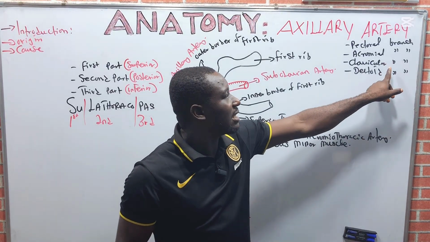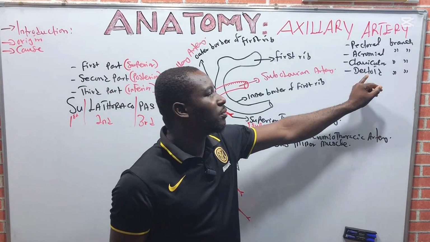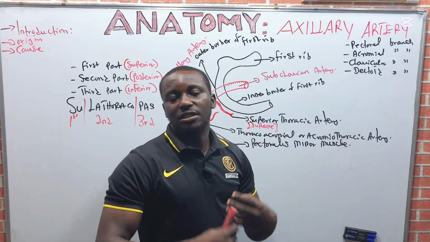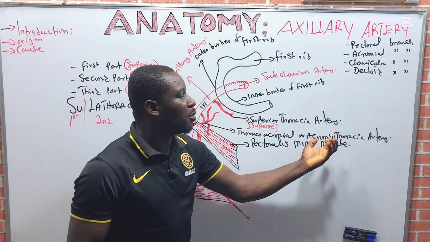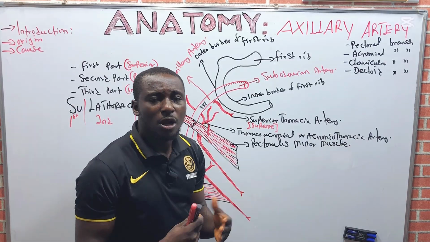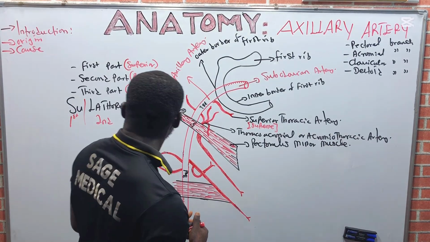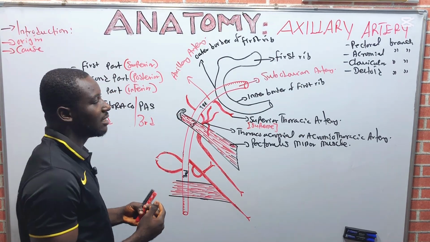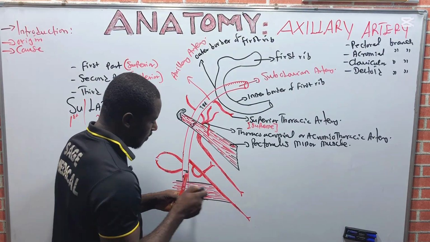The clavicular branch supplies the sternoclavicular joint, while the deltoid branch supplies the deltoid muscle and other structures around that region. That is how the thoracoacromial artery or the acromiothoracic artery gives perfusion to the structures of the upper limb, right? The next branch from the second part is the lateral thoracic artery or the long thoracic artery.